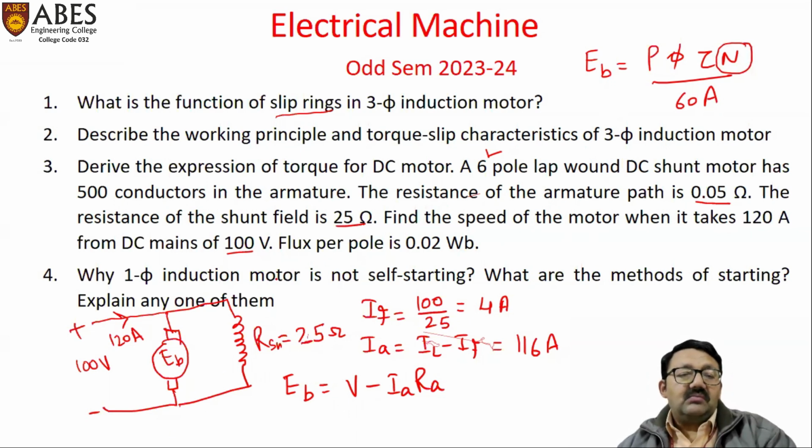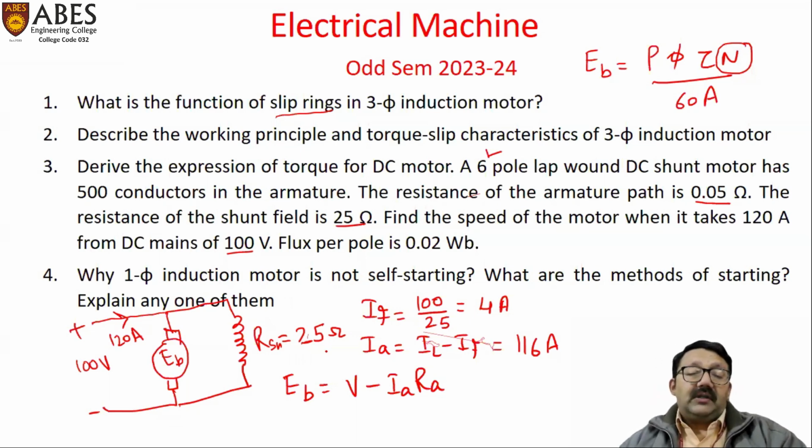And question number 4 is again based on induction machine, but this time it is about the single phase induction motor. It states: why is a single phase induction motor not self-starting, what are the methods of starting, explain any one of them. So a separate video on single phase induction motor is already there.